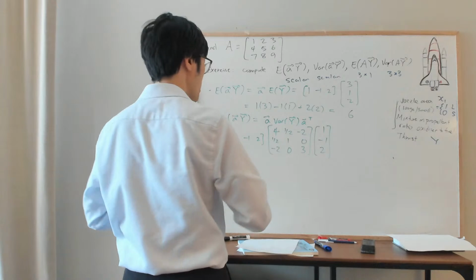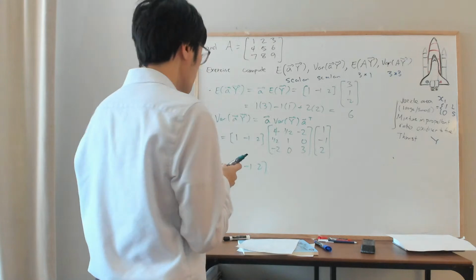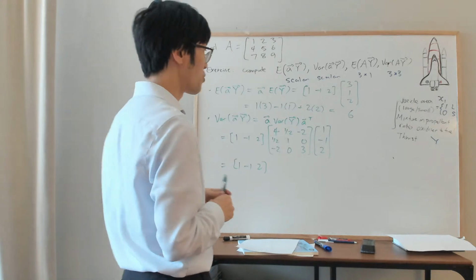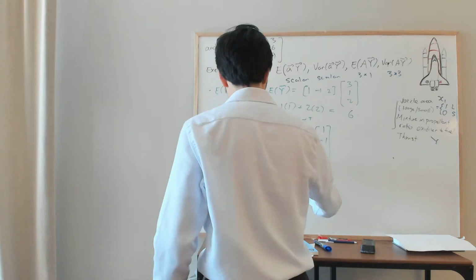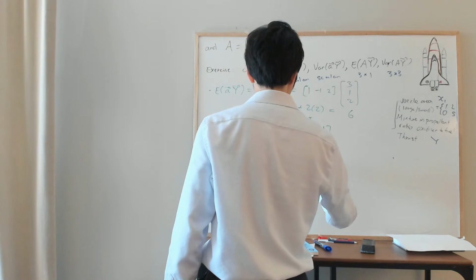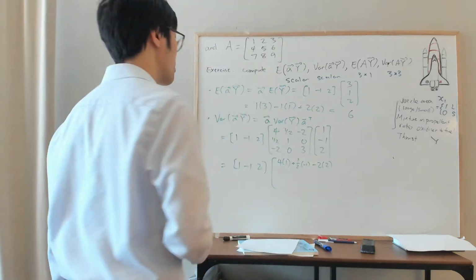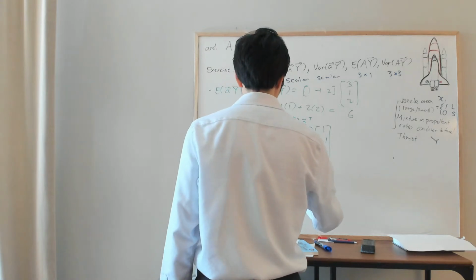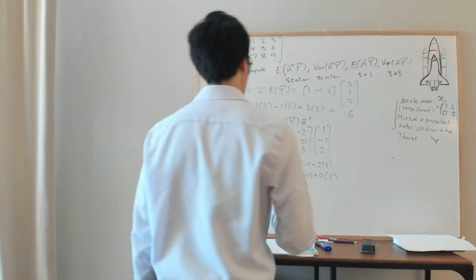Okay, so let's finish this calculation as a way of reviewing multiplication. So this is 3 by 3 times 3 by 1, so we'll end up with 3 by 1. Okay, so let's multiply through. So 4 times 1 plus a half times minus 1, and then minus 2 times 2. So that'll give me the first entry. And then similarly for the others, so a half times 1 plus 1 times minus 1, and then 0 times 2.